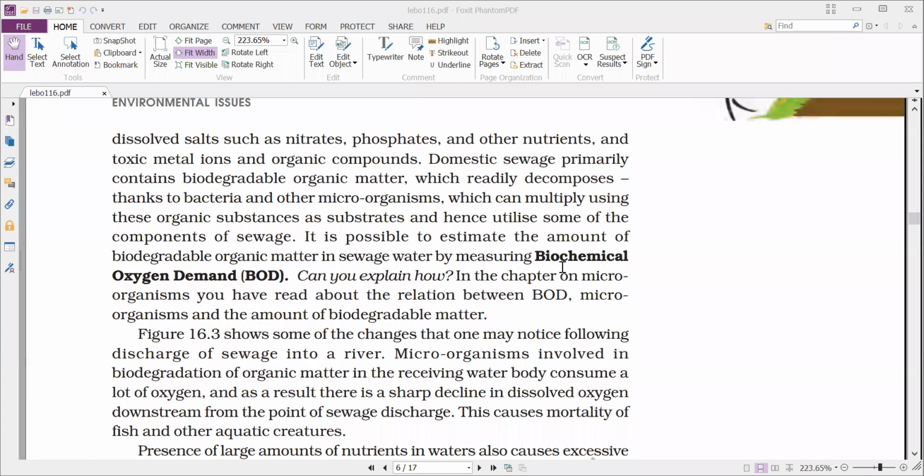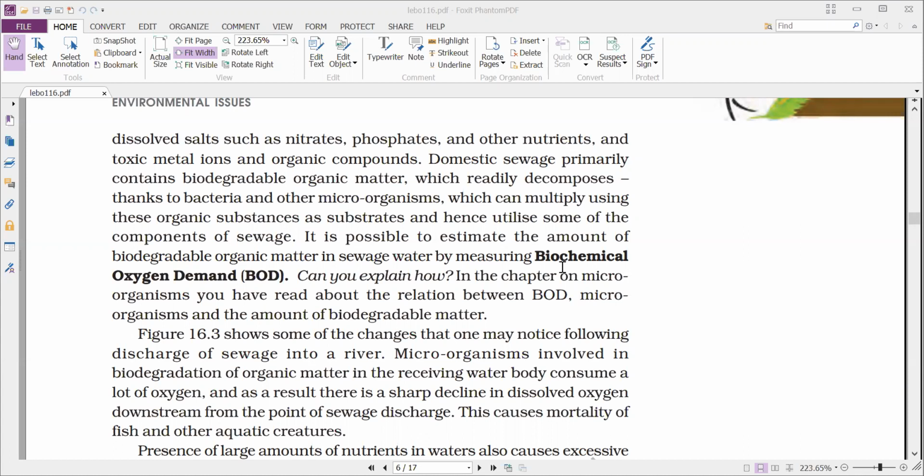So that means if more organic matter is present in the water, the microorganisms require more oxygen to decompose. So the demand for oxygen is more if more organic matter is present in the water. So if more organic matter is present, it indicates that the water is polluted.